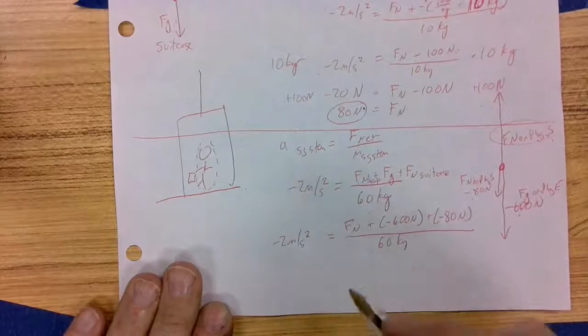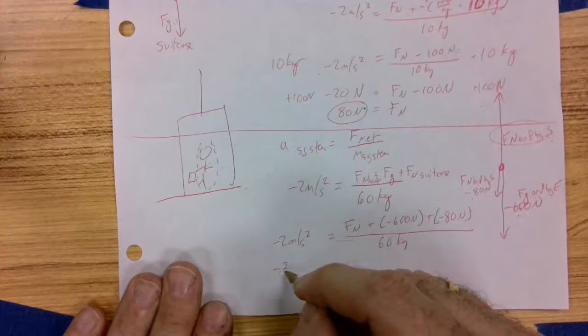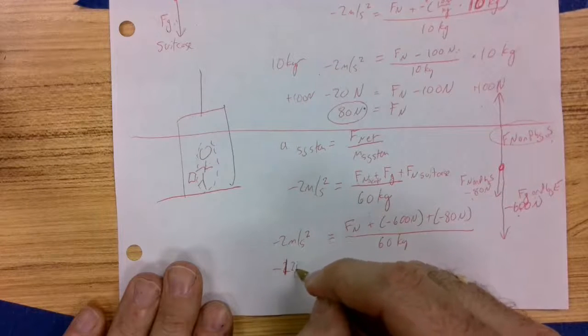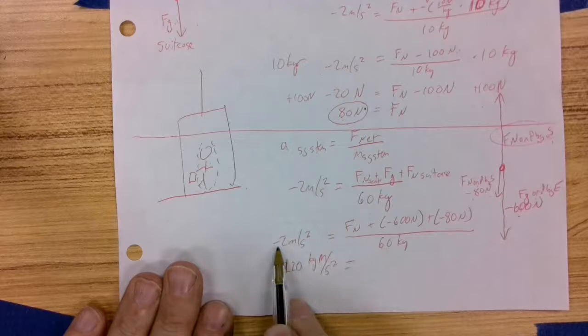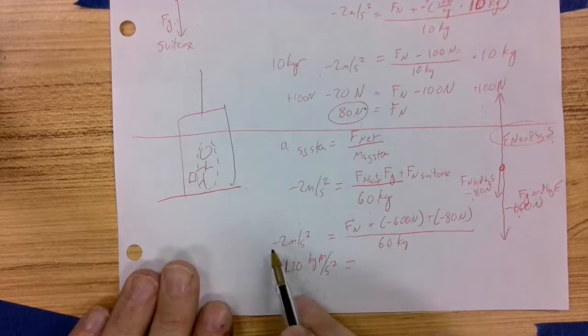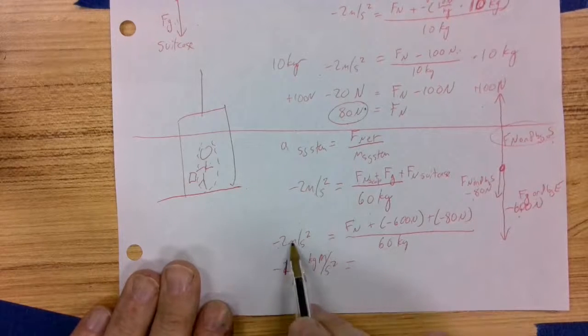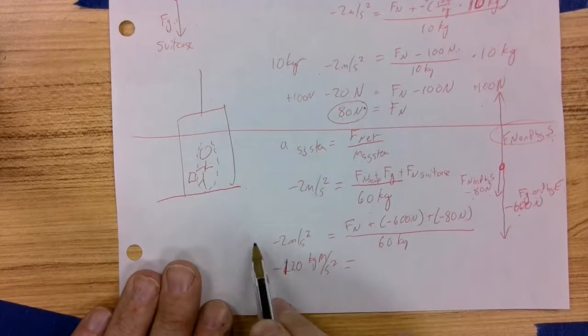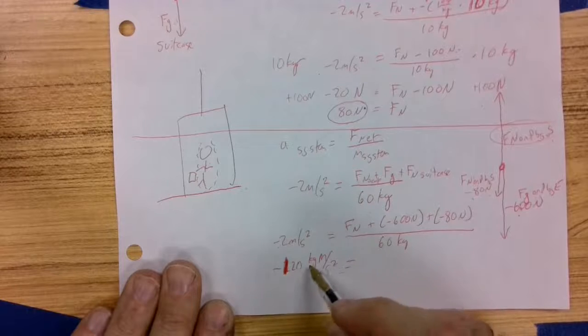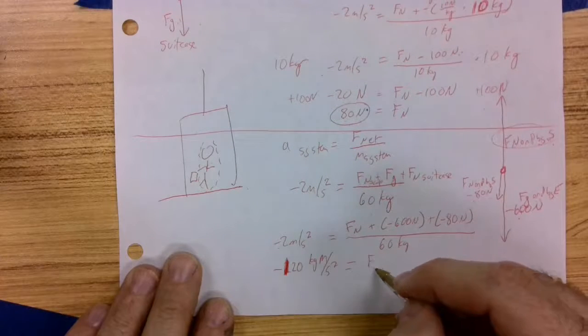Multiply both sides by the denominator. It's going to come out to 120 kilogram meters per second squared, because it's negative 2 times 60 kilograms times meters per second squared. I'm multiplying by 60 kilograms, multiplying by 60 kilograms. So negative 120 kilogram meters per second squared.